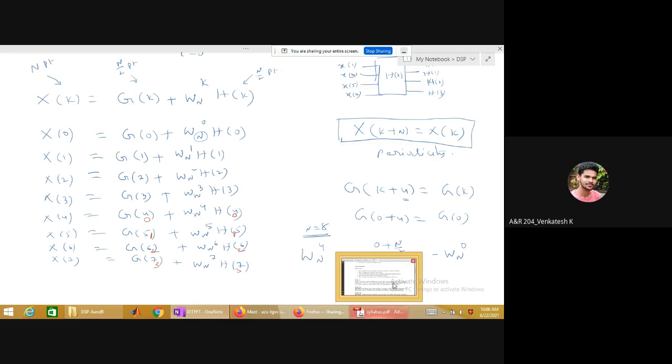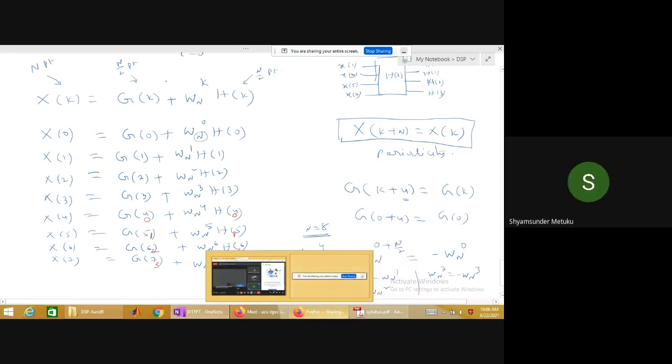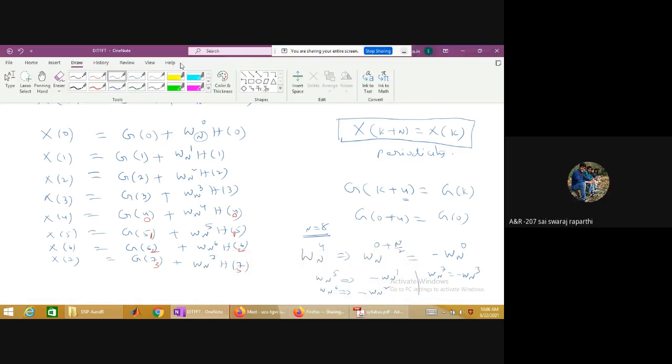Yes, sir. Similarly for W_N to the power of 5, minus W_N to the power of 1. Yes or no? Yes, sir, we can write. Correct or not? So let me replace this also.